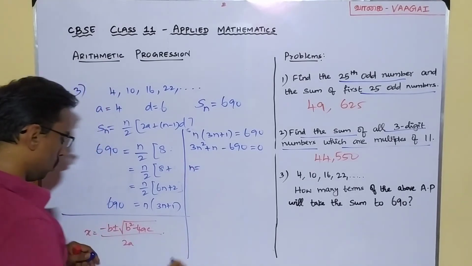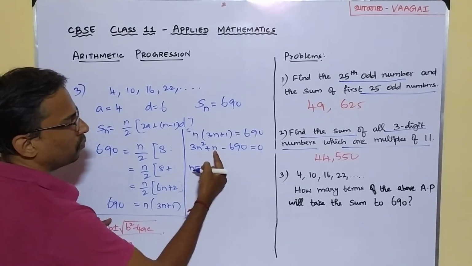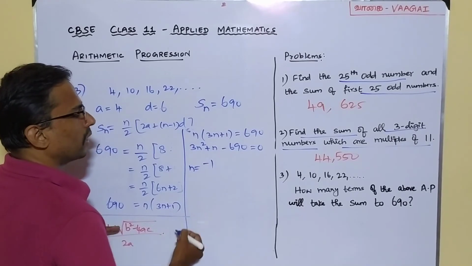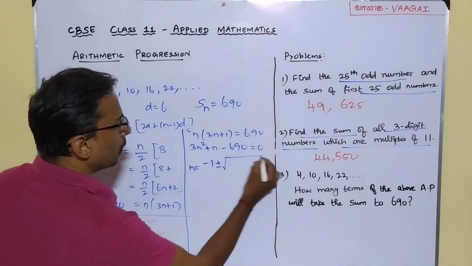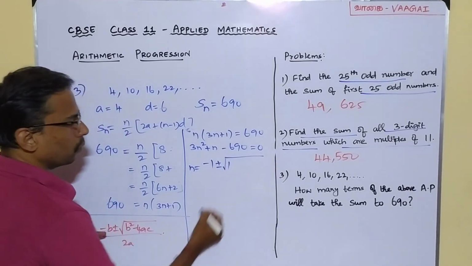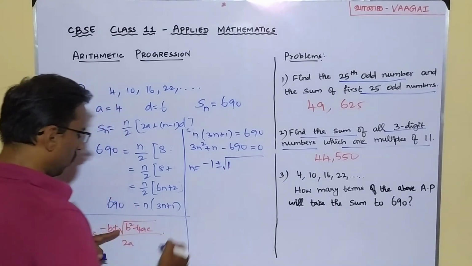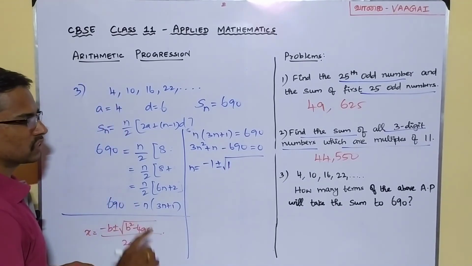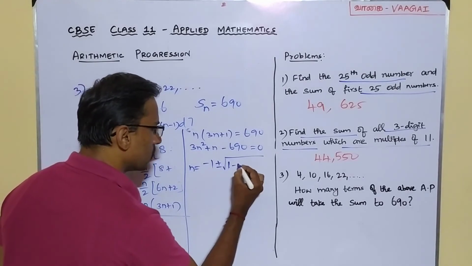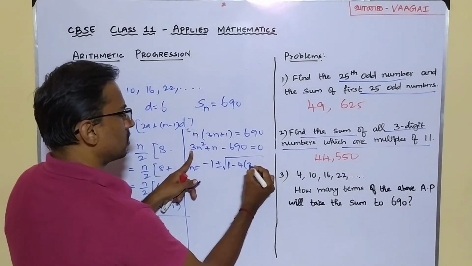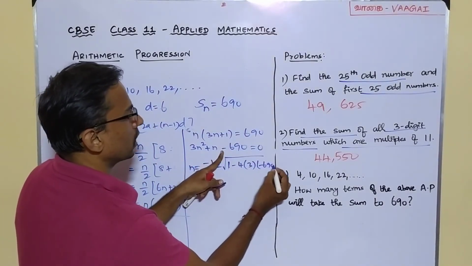So n is equal to minus b plus or minus root of b square minus 4ac, whole divided by 2a. Here our value of b is plus 1, so minus b will be minus 1. Root of b square, minus 1 square will be 1. And minus 4ac, so minus 4 into a into c, which means minus 4 into 3 into minus 690. I hope it is clear to you.